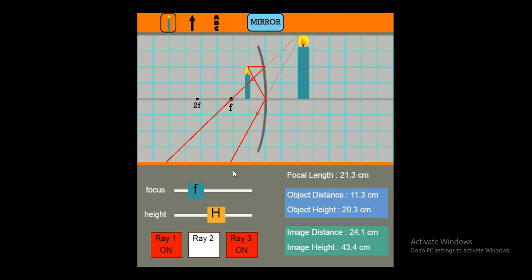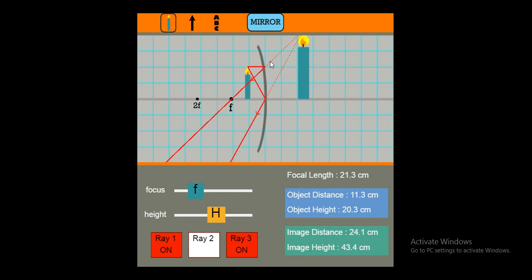Then we always get the image by the intersecting point of these two rays. On this side we can't find any place where these two rays intersect. Therefore, we extend these rays to the other side of the mirror, behind the mirror.